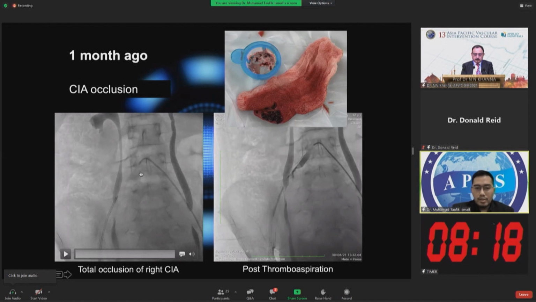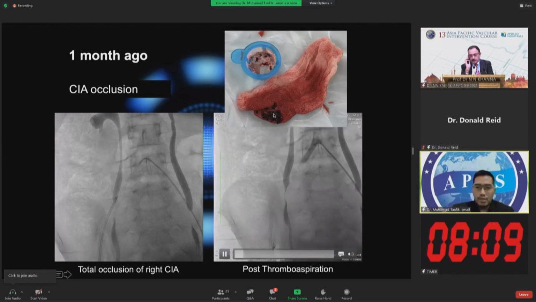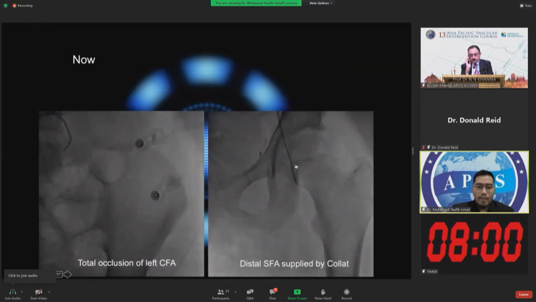But the patient was asymptomatic, and we just performed thrombus aspiration and got several thrombi. We also examined the pathologic anatomy of the thrombus, and it was only thrombus with no sign of infection.